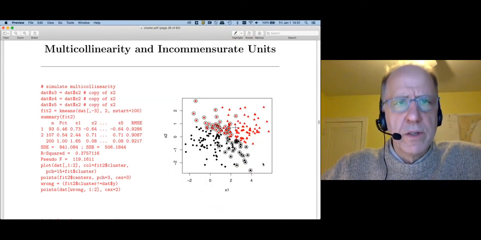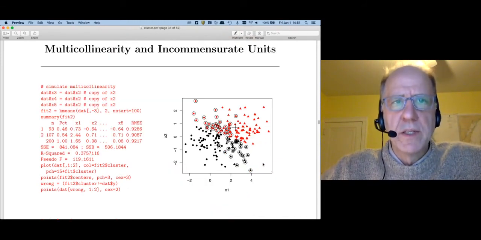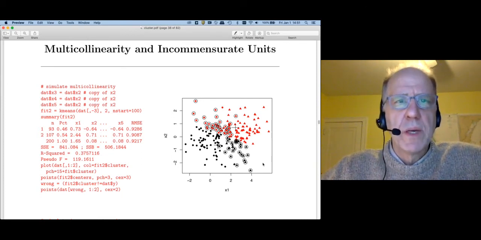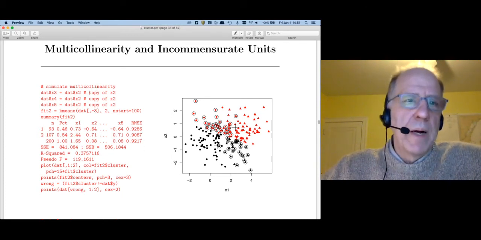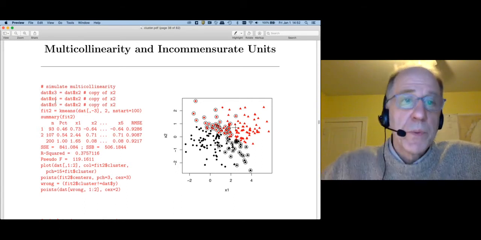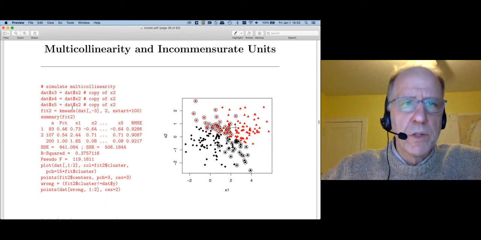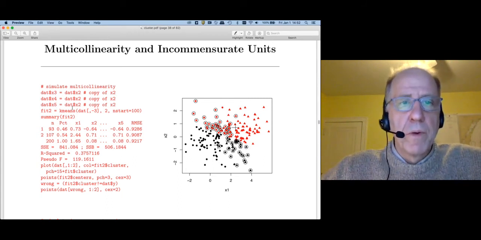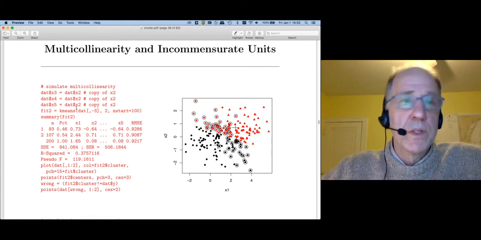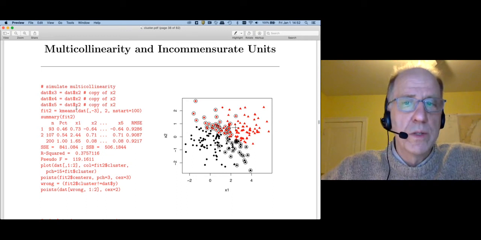Now, what I said earlier is that K-means is sensitive to multicollinearity. So I'm going to simulate multicollinearity by simply making some copies of x2. So I've created 3 copies of x2. Now notice what's going to happen when I run the algorithm. x2 is going to get counted 4 times in the objective function, whereas x1 only gets counted once.